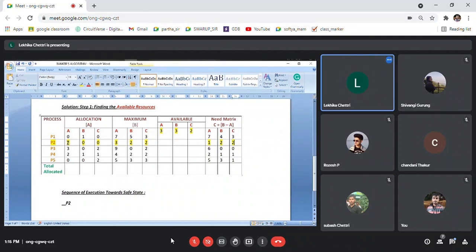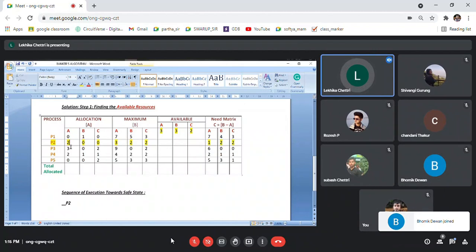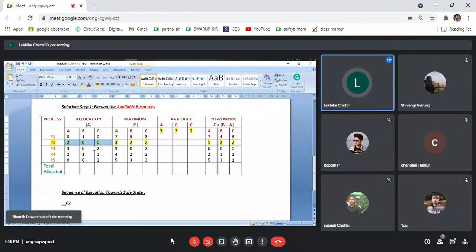See here, when P2 needed 1 2 out of 332 available, 1 2 was given by the operating system to P2. So P2 took it and completed its task, but before it, how many did P2 have? 200. So after P2 completes its task, it will release the resources that it had earlier. Whatever it had before, it will release it.